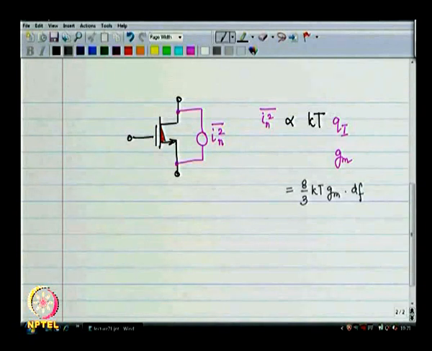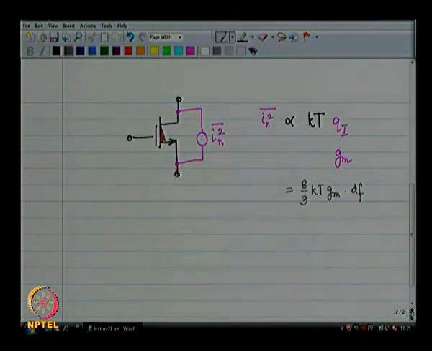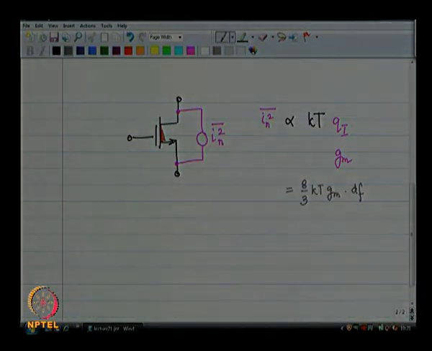This is the end result of all the analysis that you would want to do, and the 8 by 3 factor is really coming from the fact that the channel is tilted in favor of the source against the drain. That is where this by 3 factor is coming from.